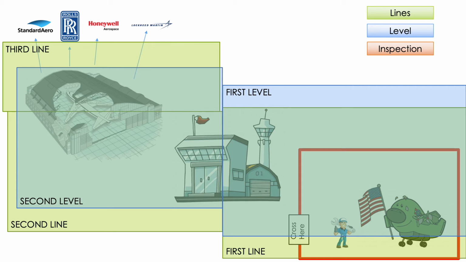This is where Honeywell and those additional companies come into play, is that I would consider those strictly being at third level. It's where I've removed an APU or an engine, I've sent it away to that contractor, and they're doing that deeper level of maintenance to break it down to do any sort of repair and overhaul on it. So that's the different levels of lines and levels of maintenance.